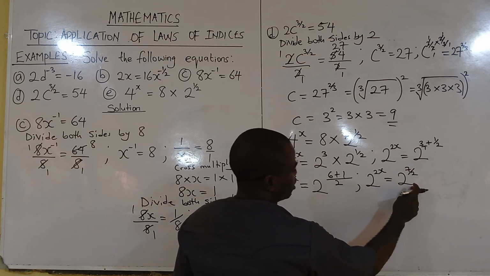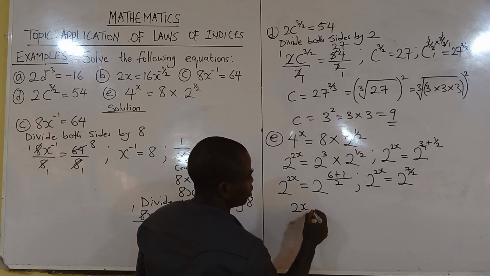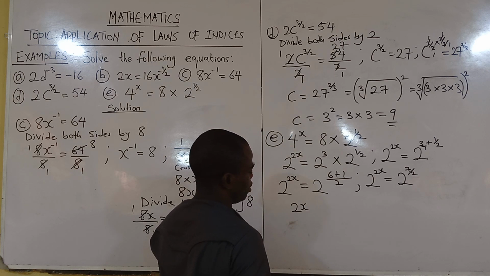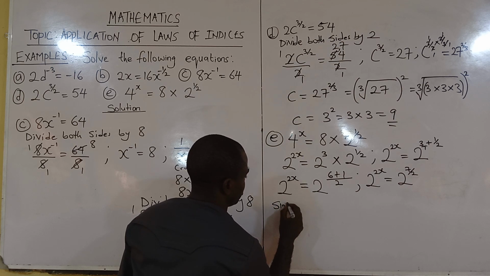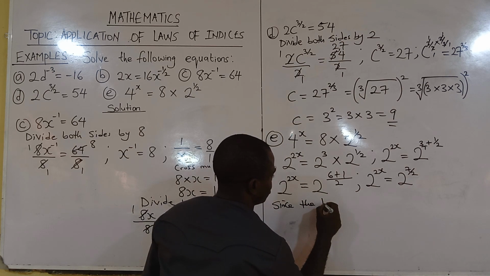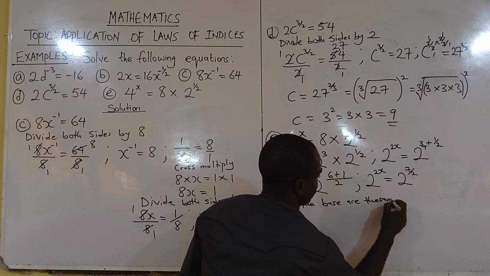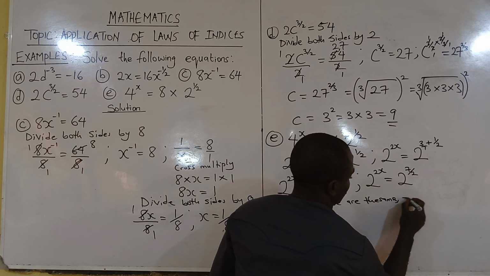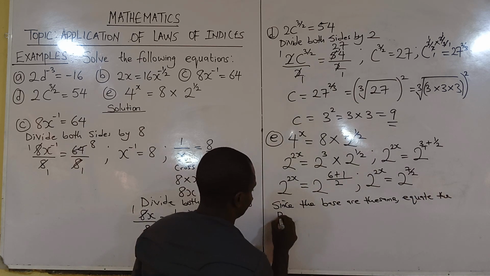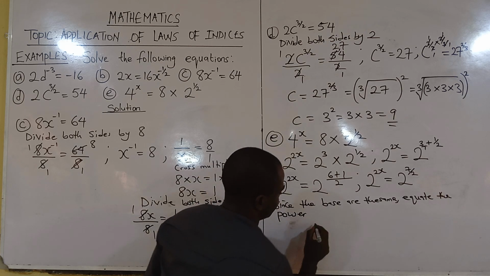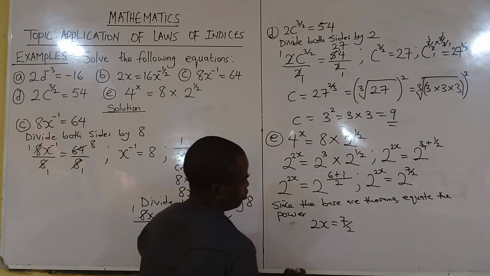Since the bases are the same, equate the powers. You have 2x. Let's write it down. Since the bases are the same, equate the powers. Now we have 2x equals 7 over 2.